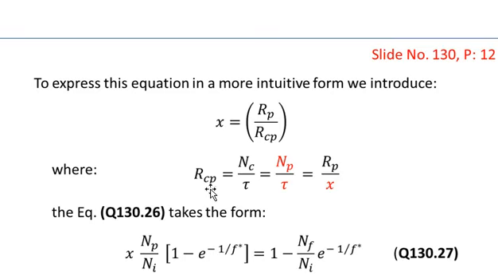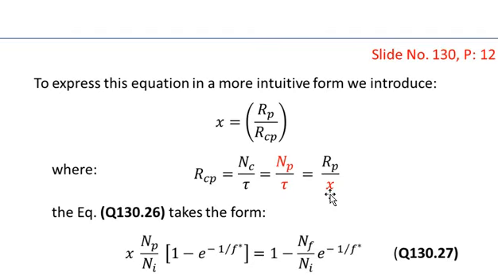The critical pump rate has been found in many of the previous slides, that the critical pump rate Rcp is equal to Nc, the critical population, divided by the time tau, is equal to Np divided by tau, because Np is equal to Nc, and that is equal to again Rp over tau. Because you can find out the value of Rcp from this expression, that Rcp is equal to Rp over x.